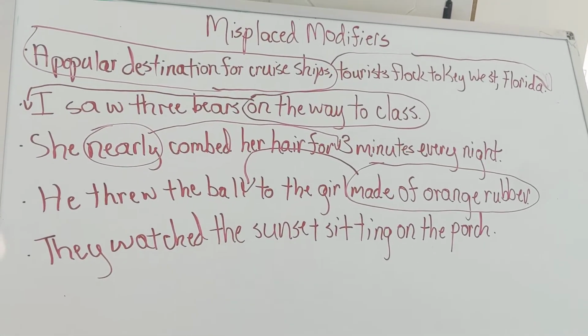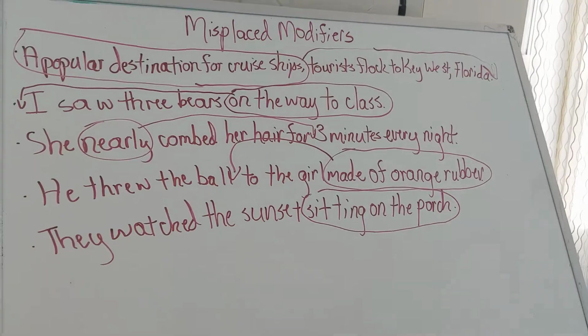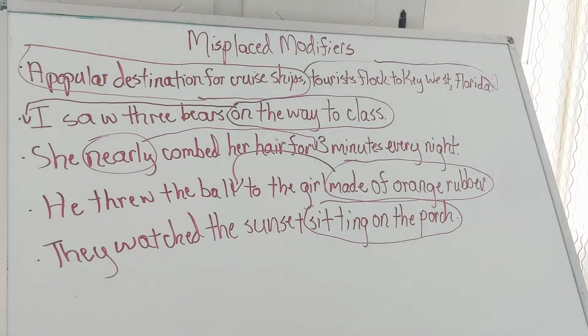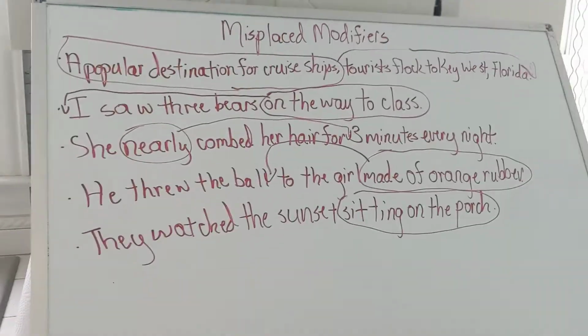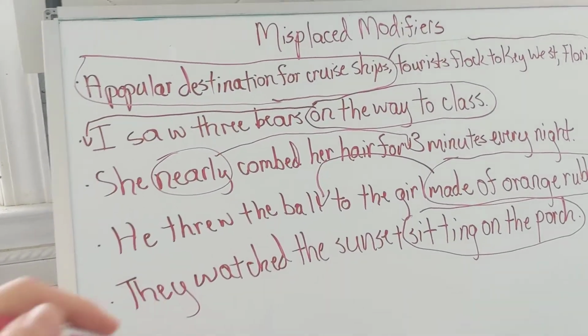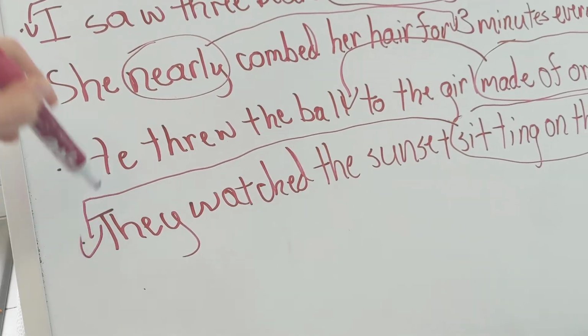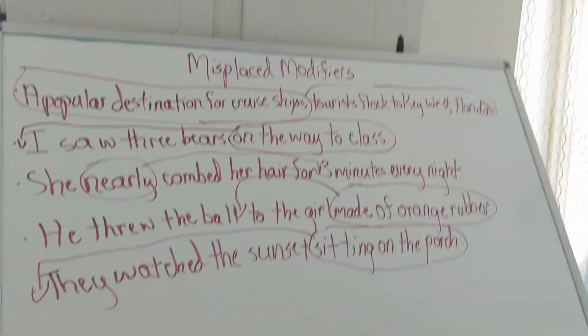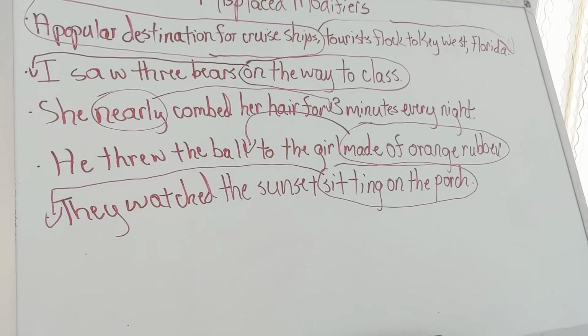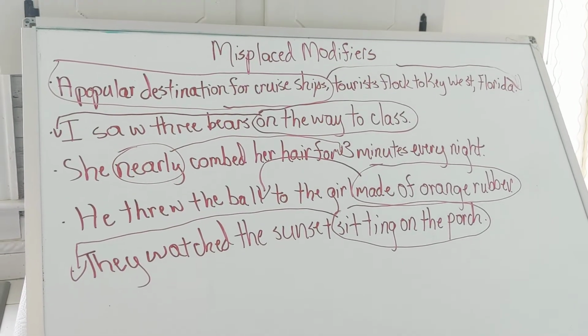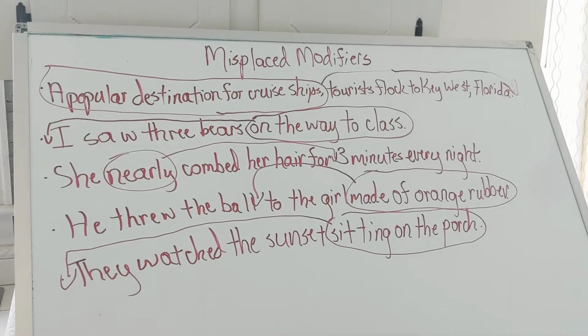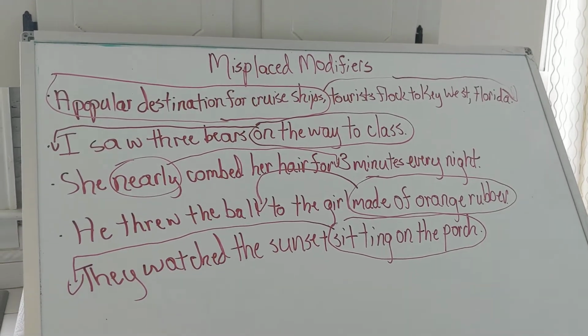So while you think on that, let me circle the phrase. Okay, so where does it go? All right, if you said right before the word they, because they are the only other words it could be describing, you're right, so I'm going to put it at the beginning of that sentence. So it should read, sitting on the porch, they watched the sunset. So you see all I did was circle the misplaced phrase and draw an arrow to where it goes.